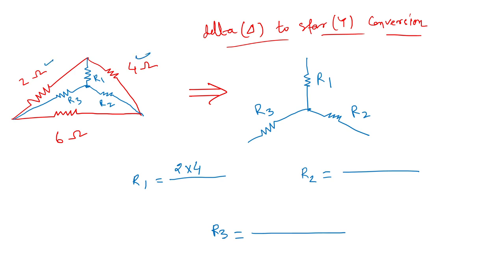I want to find R1, so the side resistances are 2 and 4, so I will write numerator 2 into 4. Similarly, I have to find R2. Its two side known resistances are 4 and 6. So here I will multiply 4 into 6, because I need to find R2, its two side resistances are this and this. Similarly, I have to find R3, its two side resistances are 2 and 6. So I will multiply here 2 and 6.